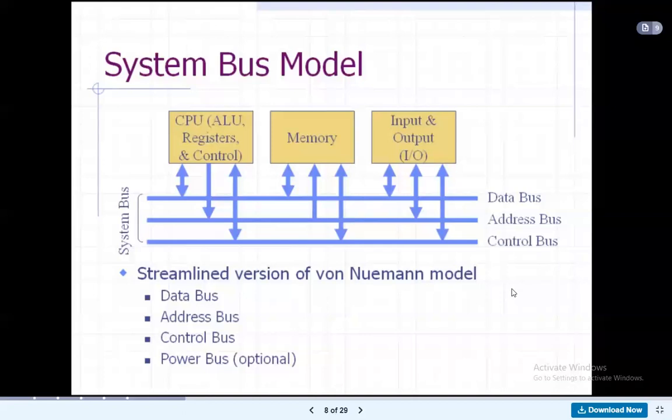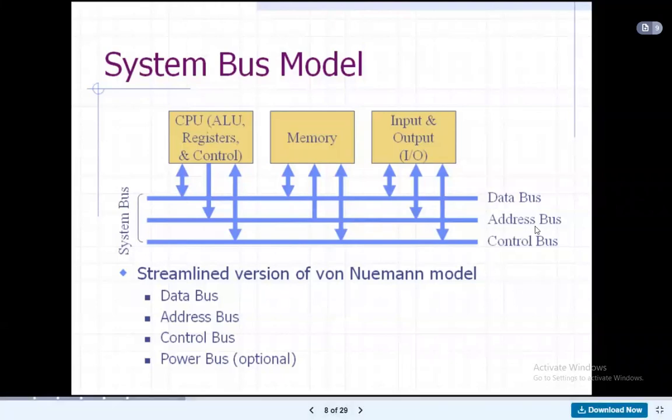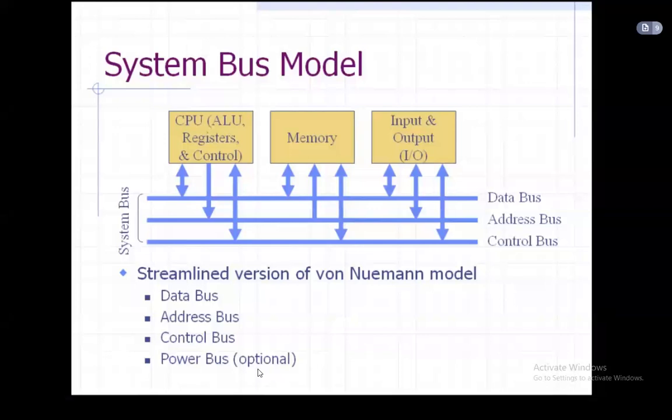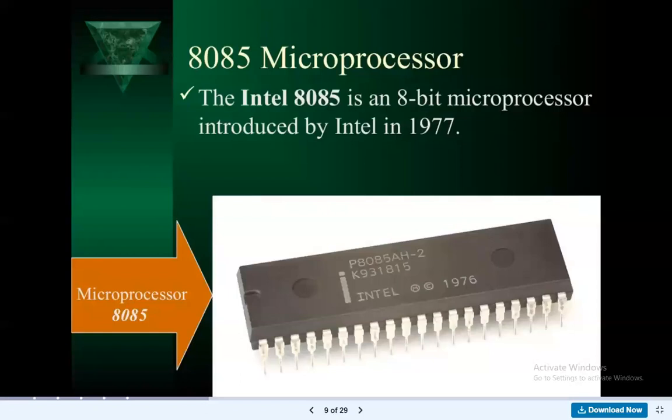The third one is the control bus: how much quantity is going to be sent is controlled by one control section, which we call the control bus. The power bus is optional; it means you are connecting power, the AC lines. So this is all about the system bus, the basic things.